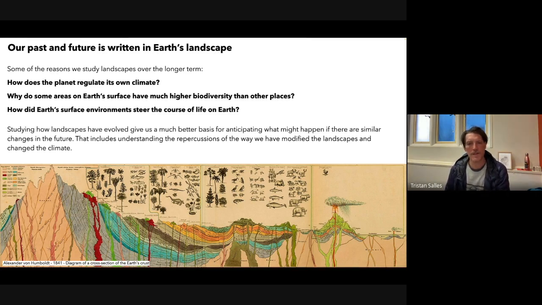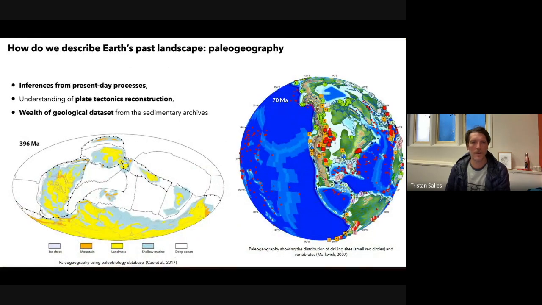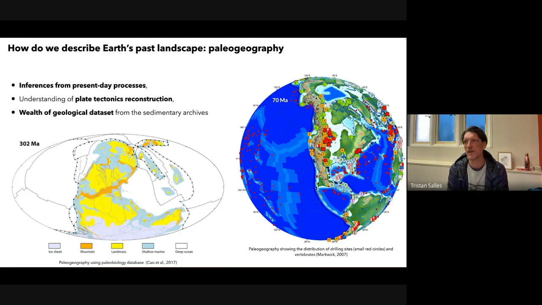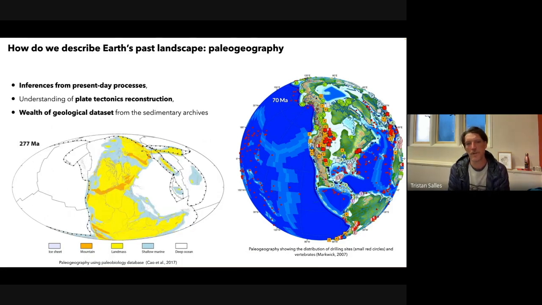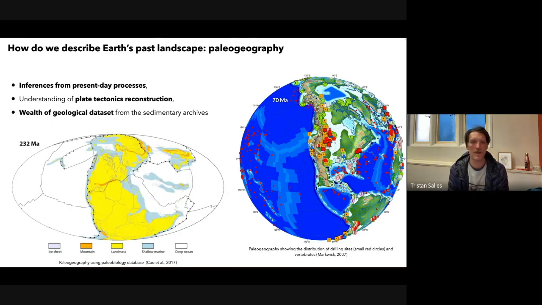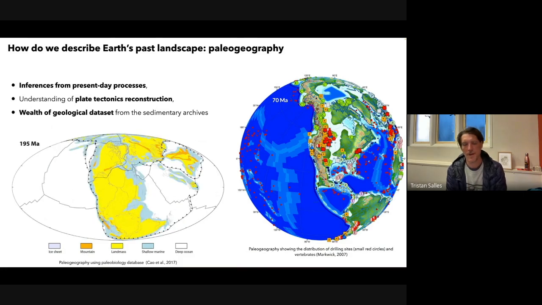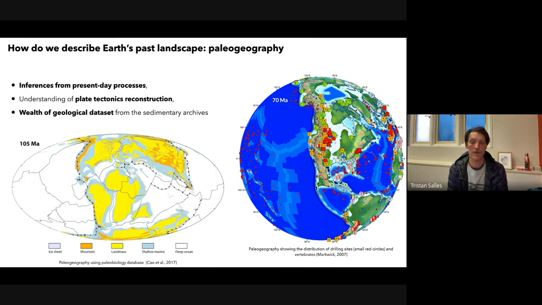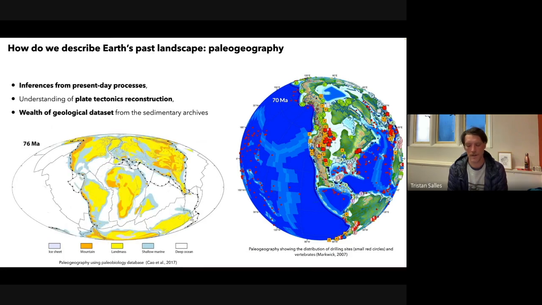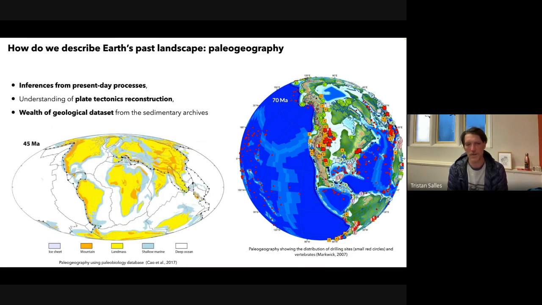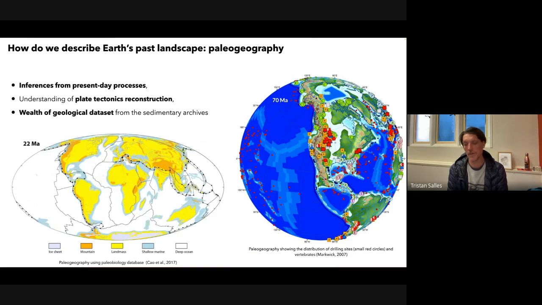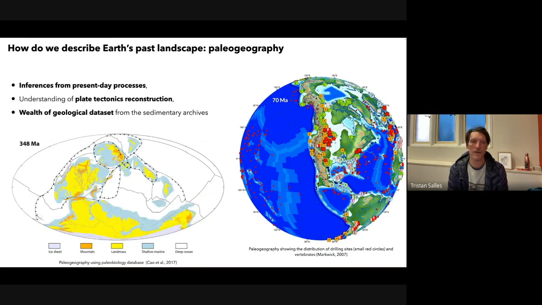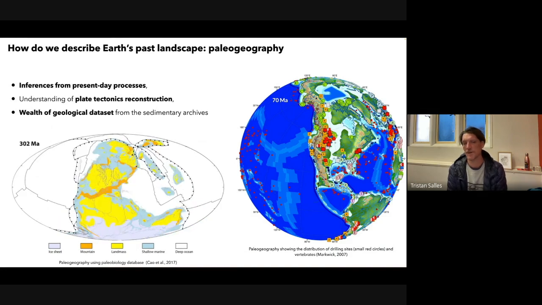So now let's dive into what we are talking about when we talk about paleo-elevation or paleogeography of the Earth, and basically how we design them. Most of the time, these paleogeographies are designed based on three different things. First, people have been trying to do some inference from present-day processes.